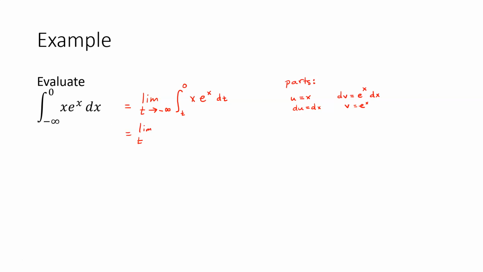So now using parts to evaluate the integral, we'll save the limit for the end. We'll have u times v, which is x e to the x, minus the integral of v times du, so e to the x dx.